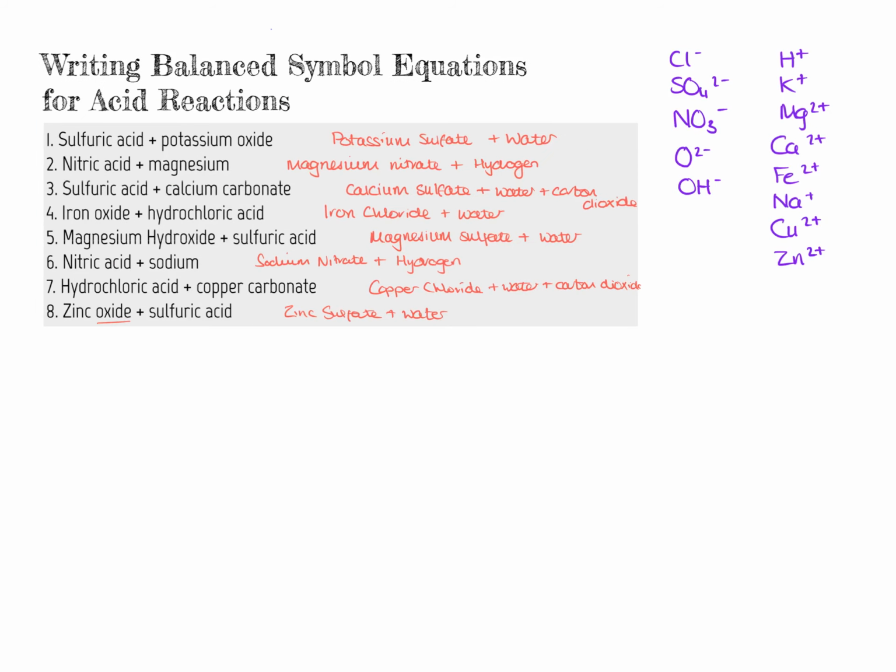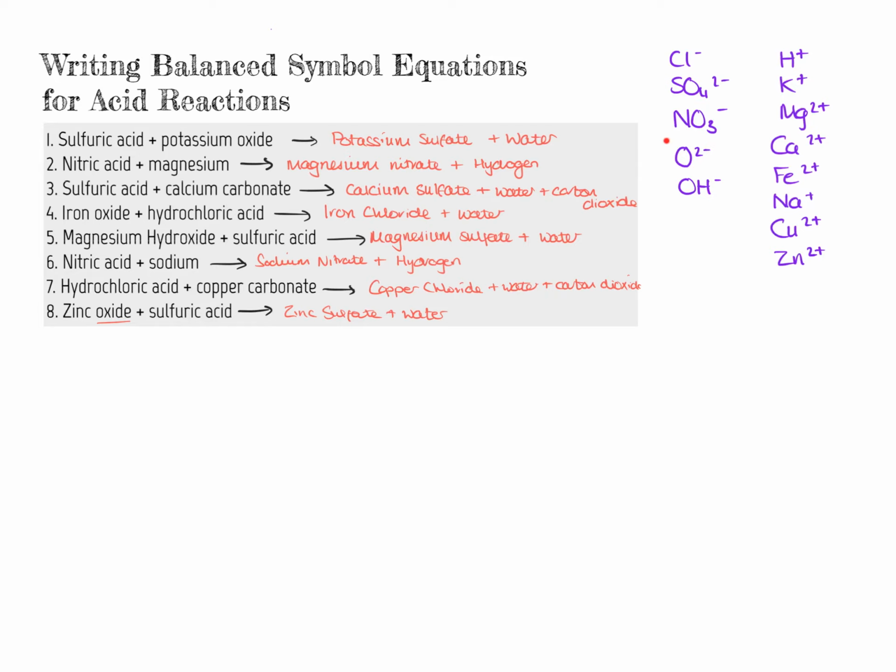Okay, so we have got all of the equations that we've just done in words up here. Let me put the arrows in, actually, there's no arrows on those. And then the other thing I've given you, just to help out at the moment, is the formulae of any ions that are involved. So we've got negative ions down this side, and we've got positive ions down this side. So we've got all of our metals that are involved here, plus the hydrogen ions, obviously, that come from the acid.